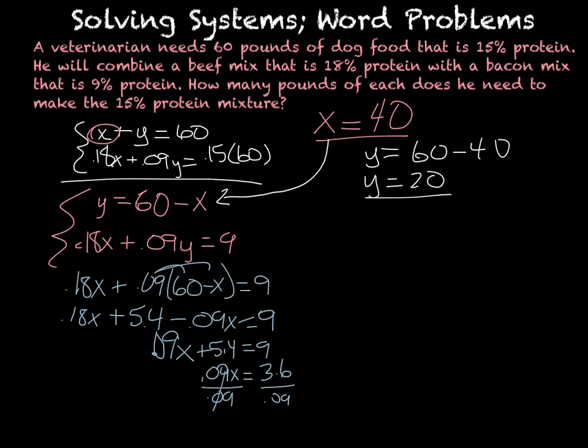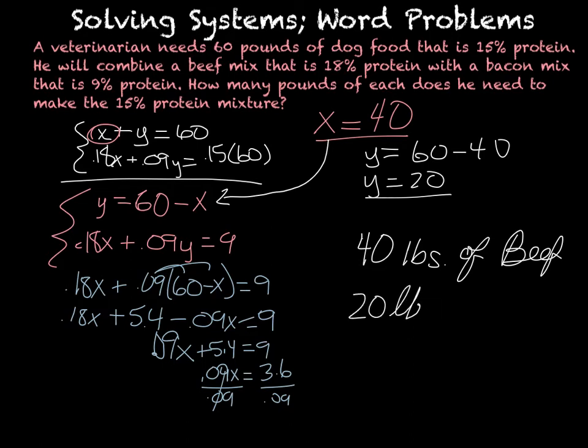So, x stood for the beef, so we need 40 pounds of beef. And the 20, the y, stood for the bacon, so 20 pounds of bacon. And that would be your final answer.